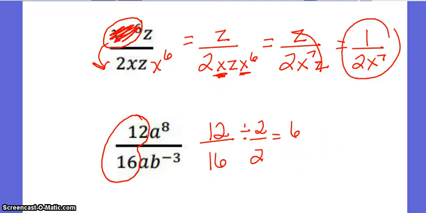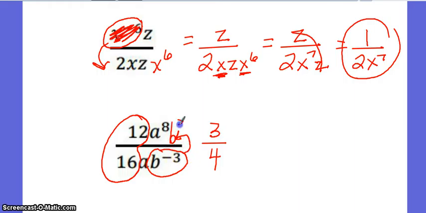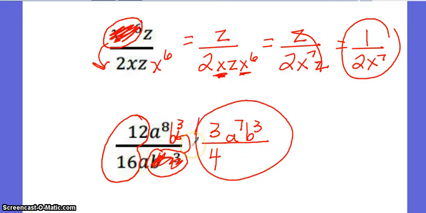So the first thing that you're going to do is just reduce the whole numbers into 3 over 4. Now you're going to take this, because it's a negative exponent, and move it to the top and make it positive. a to the 8th over a is a to the 7th, b to the 3rd, because there's nothing else down there. So this will be your final answer.